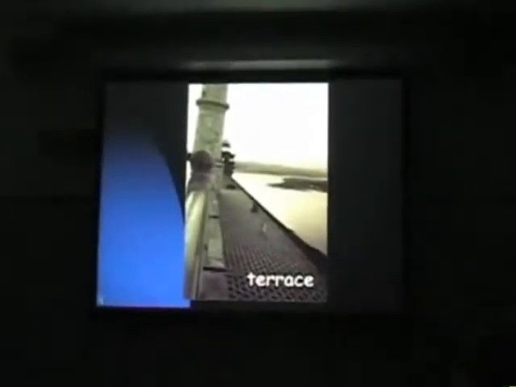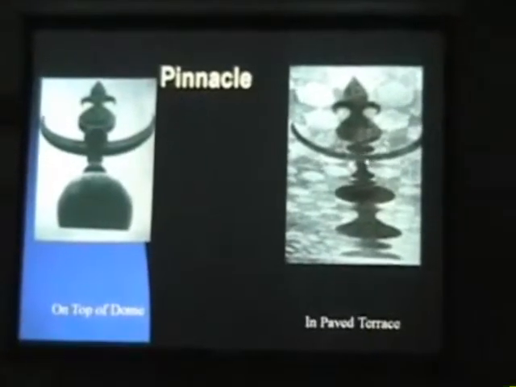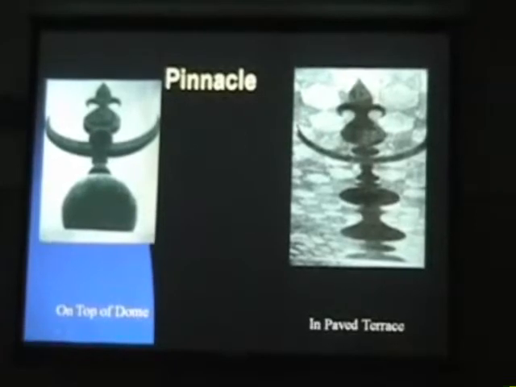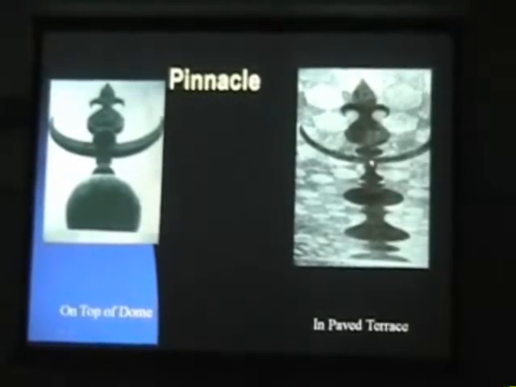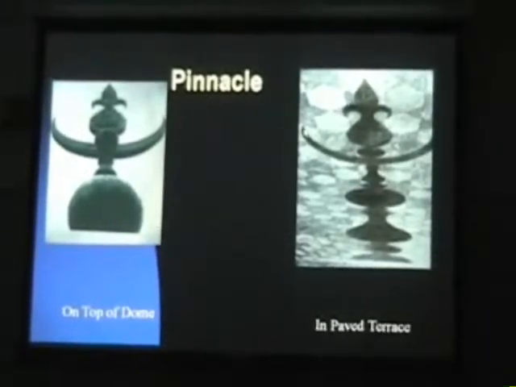So what has been alleged, that this is a symbol of the Islamic crescent, is probably not true. The Islamic crescent is not shown this way. It's often on a diagonal like this.